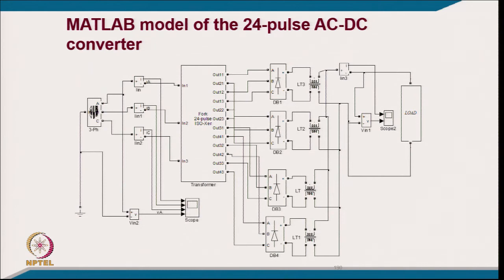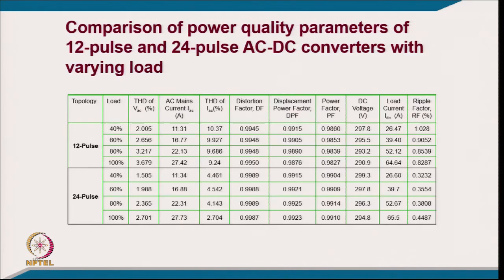So, this is typically the MATLAB model of the transformer, and these are the performance results for 24 pulse. You can see the TAD of the 12 pulse at light load, ideally it should be 15% if no leakage reactance is there, but it is reduced to 9.2%. And here in 24 pulse we expect 7.5%, but because of leakage at full load it goes to 2.7% or so.